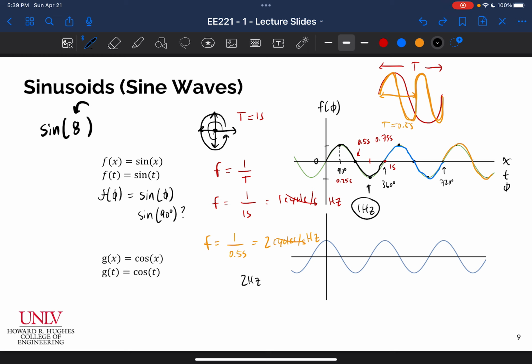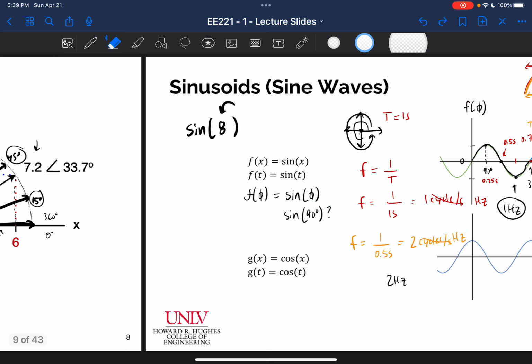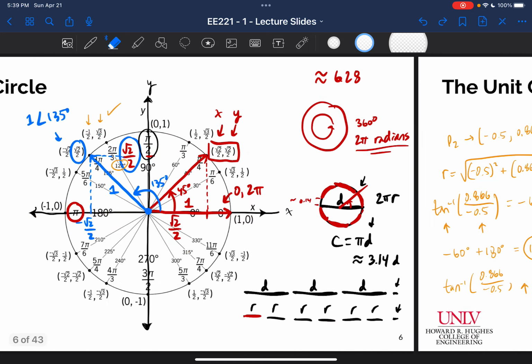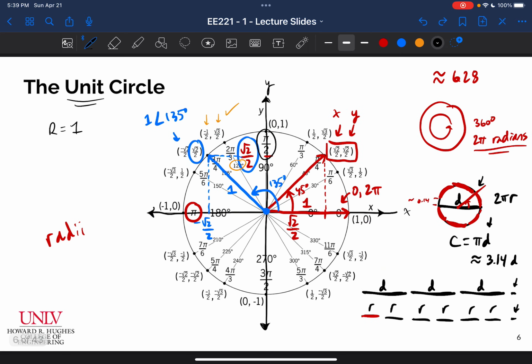So in either case, it has no idea that I'm talking about time, because the sine function is not made for time. It's made for radians and it's made for degrees. It's made to describe motion in a circle. And there's no time dependency in a circle, right? The circle is described by one of two things: either angles in radians, or angles in degrees.